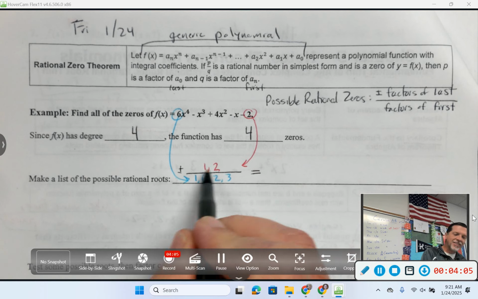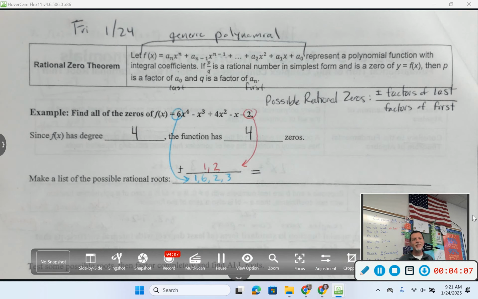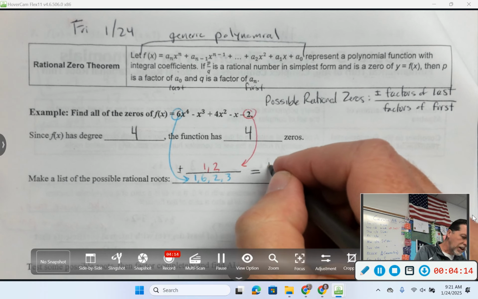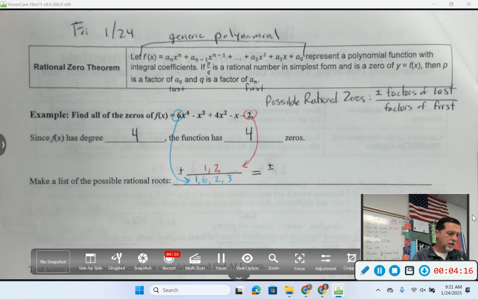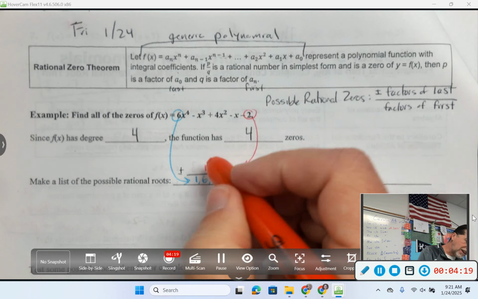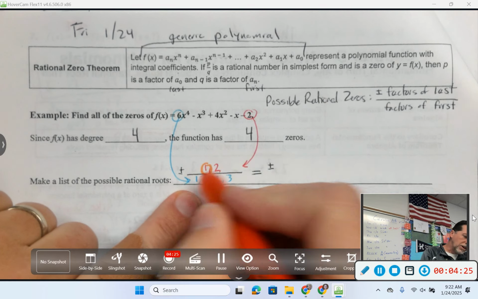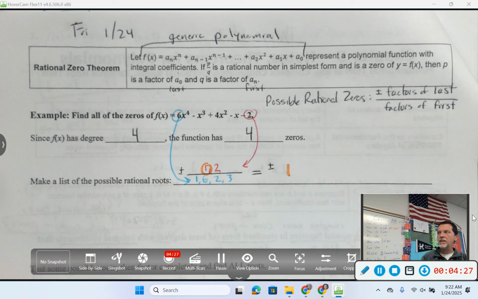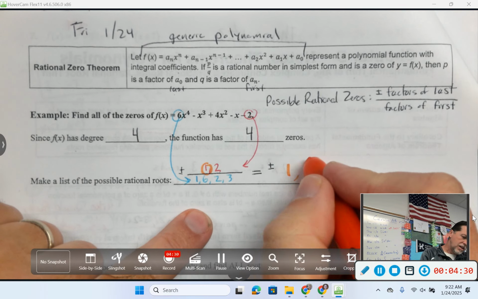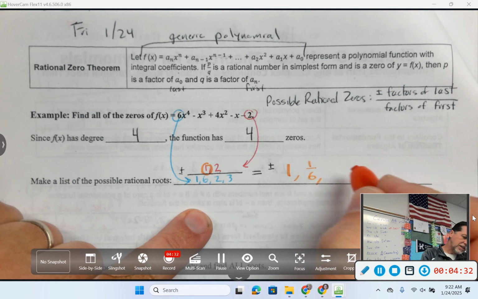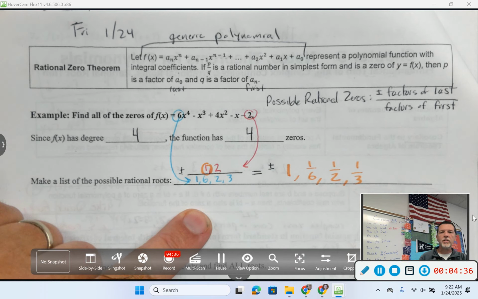All right. Well, that's not a sufficient answer, because that's not really a list of all the possible rational roots. That's just factors of last over factors of first. So we need to write them all out. So let's take the 1s over all of the denominators. So we'll start with 1. So 1 over 1, that'd just be 1. 1 over 6, 1 over 2, 1 over 3.